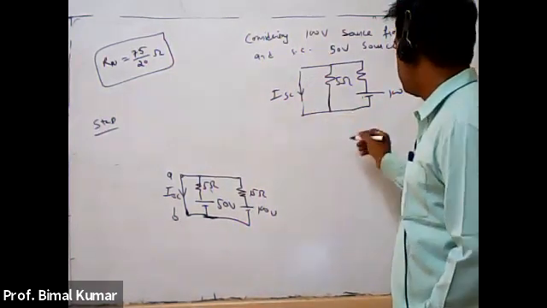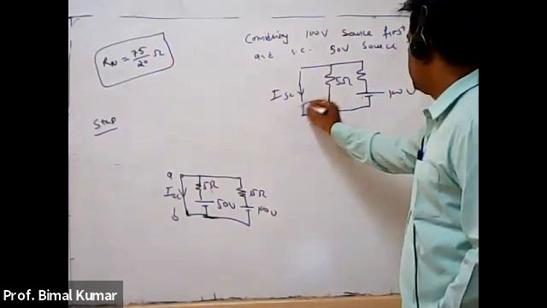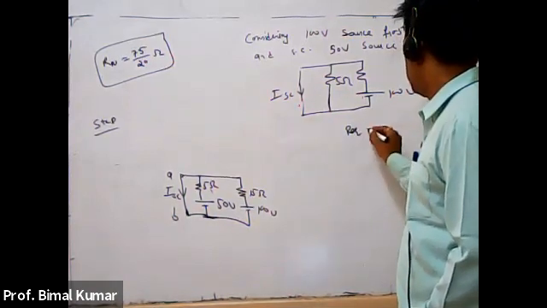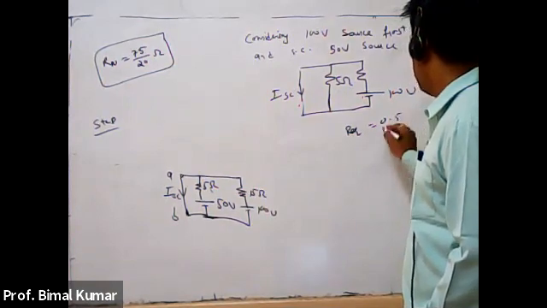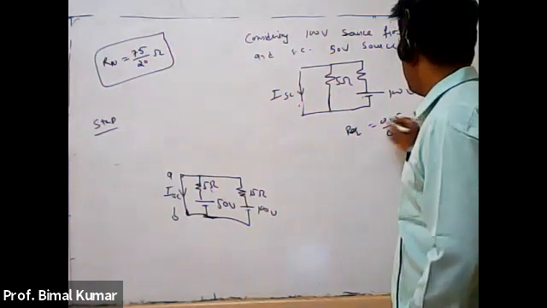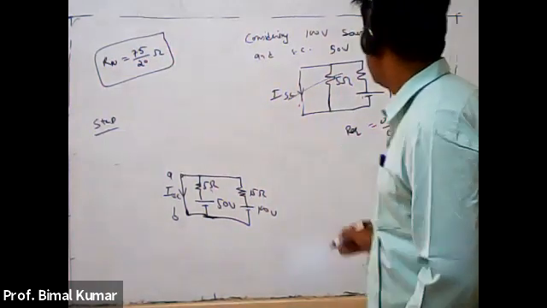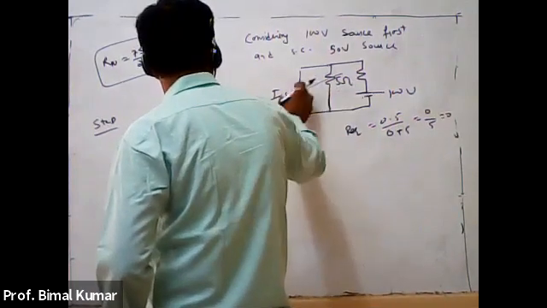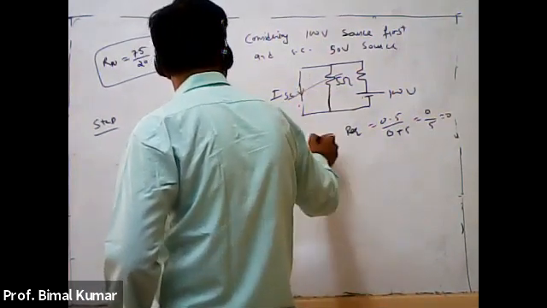Here resistance is 0. So R equivalent of these two resistances is equal to 0 into 5 upon 0 plus 5. That means 0 by 5, that is equal to 0. So instead of these two resistances, I am just taking the short circuit only. Whatsoever resistance is in parallel with a short circuit, that will become 0.